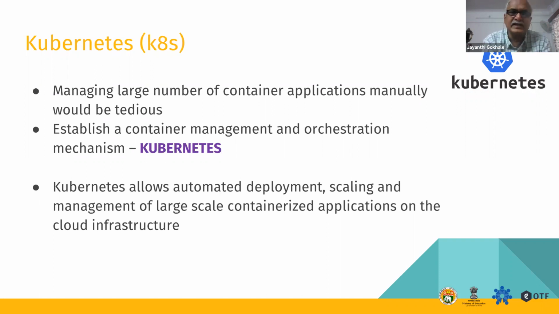So basically the containers are Docker containers, and Kubernetes allows you to set up all these containerized applications, and orchestrate and manage them. Right, so essentially it allows automated deployment, scaling and management of very large scale containerized applications. So the question is, can I now have this Kubernetes also on the infrastructure which I bring down to the edge? The answer is a big yes.